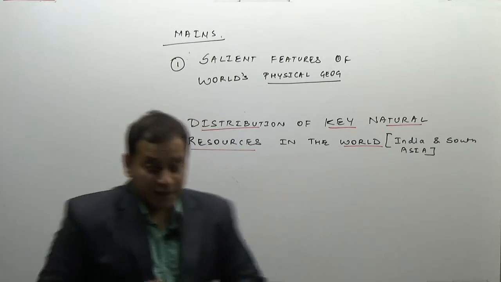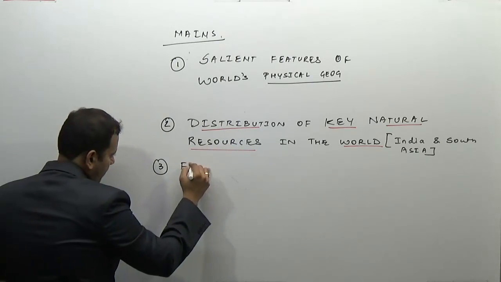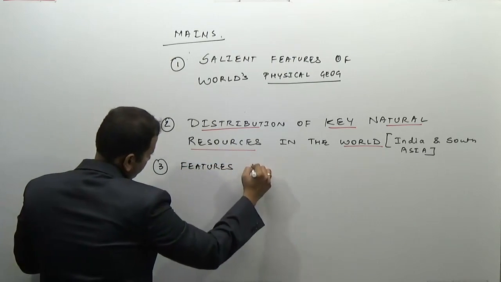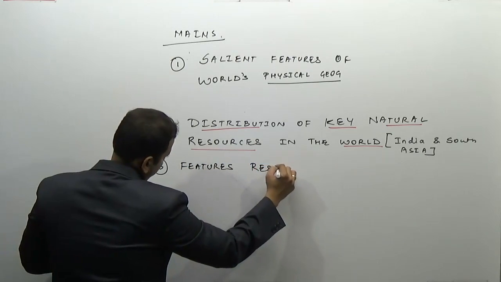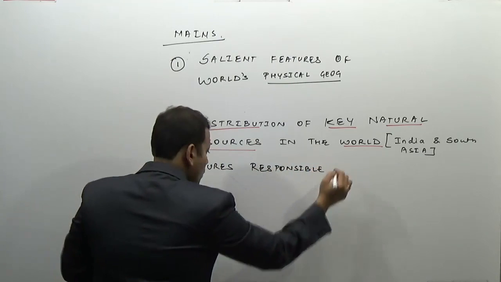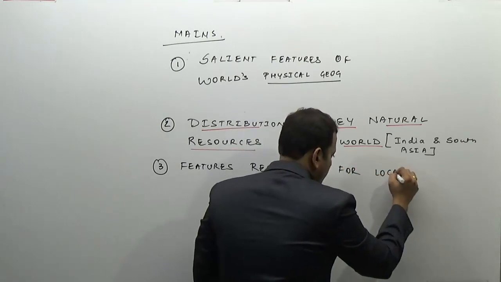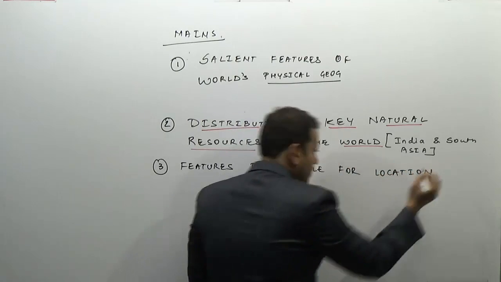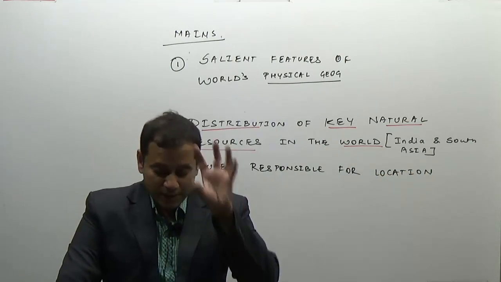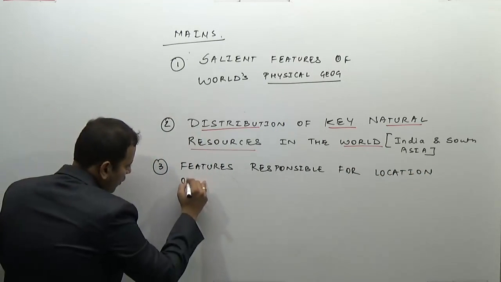Then the third is features responsible for the location of key industries across the world. So what are the important features responsible for the location of industries across the world?